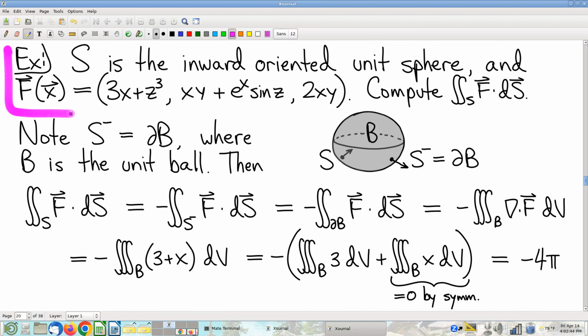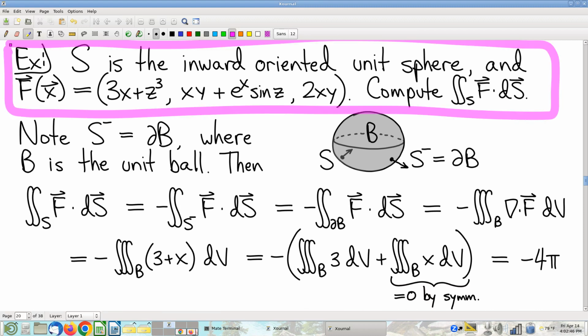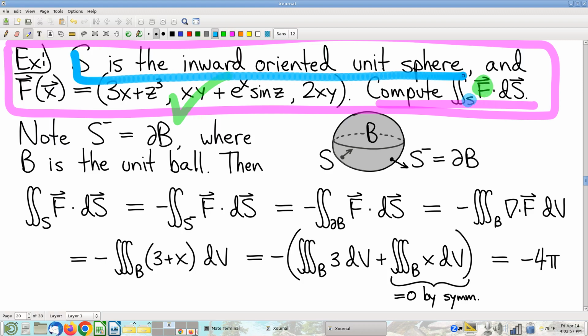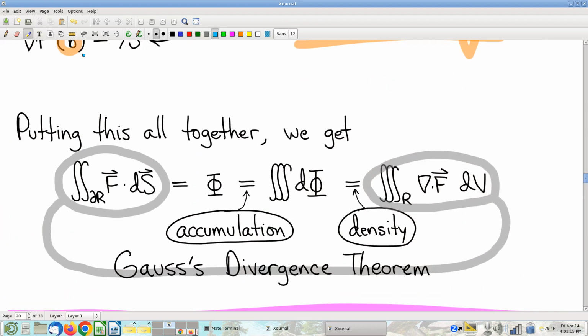All right, we have here a question to compute a flux. Got a vector field given. We've got a domain S here given. Inward-oriented unit sphere. Got to compute a flux. It's tempting to want to use our brand new divergence theorem, and we can't. Again, why? Well, the rule is, we just got through dwelling on this a second ago, if you're going to compute a flux and you want to use the divergence theorem, the surface has to be a boundary.